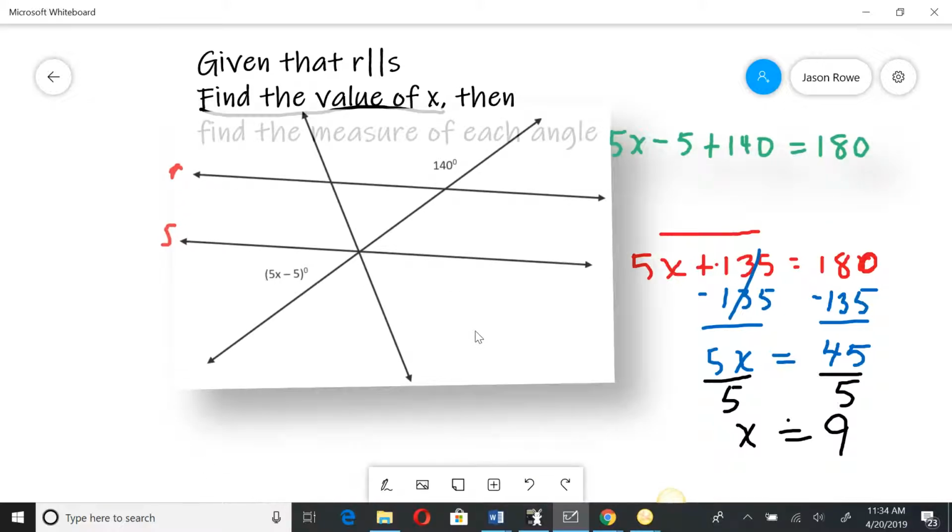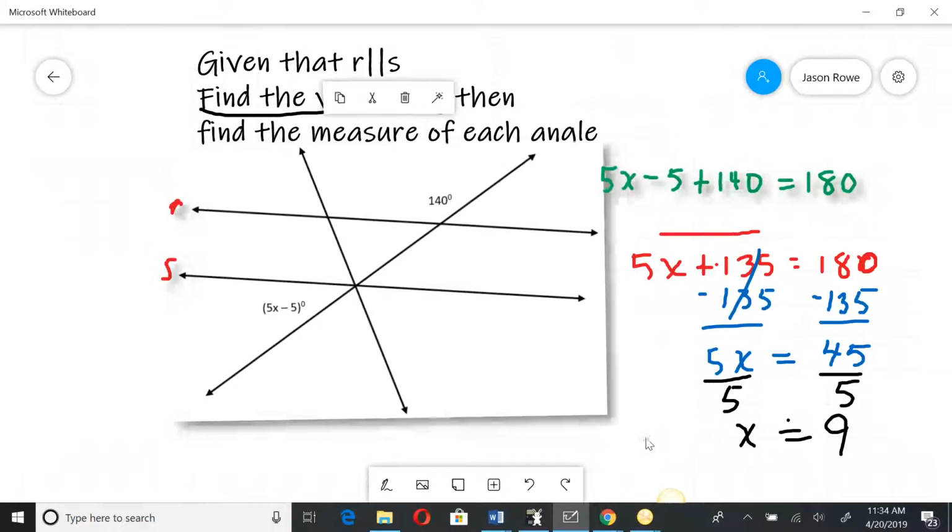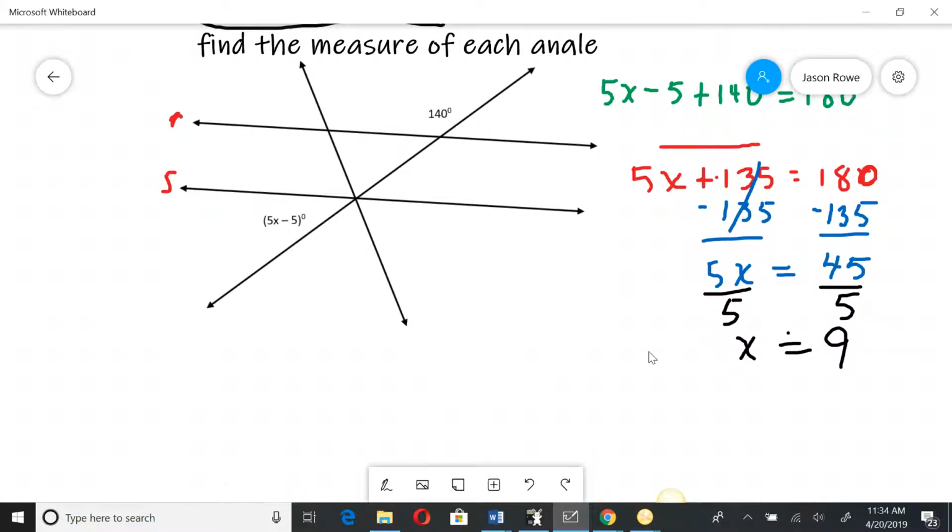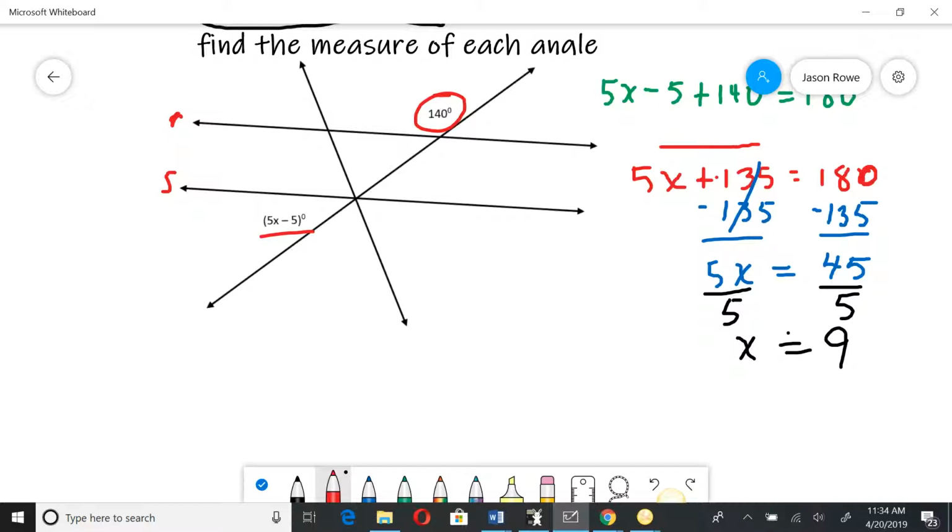So the second part of the problem says to find the missing angle. So find the measure of the missing angle. We already know that this angle is 140. So this angle is already 140. So we're just concerned about this angle. We know that x is 9.